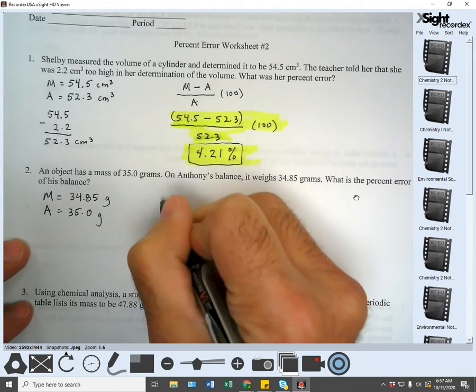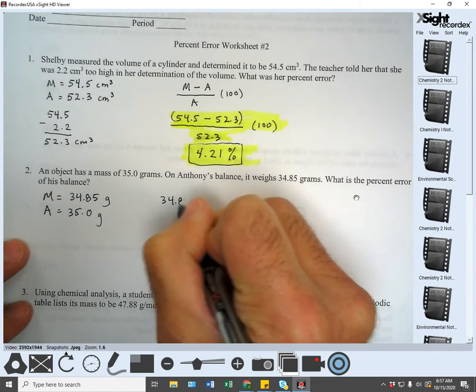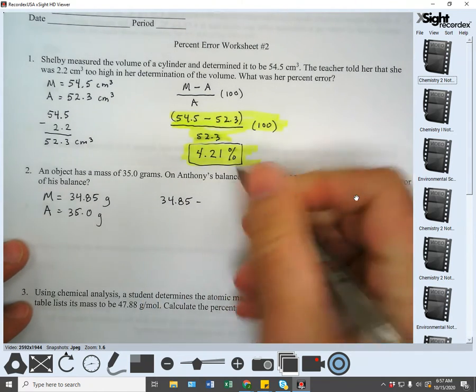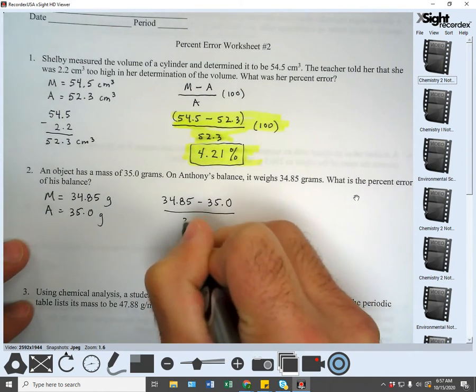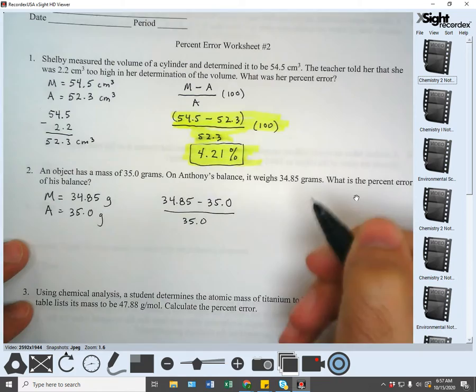So it's going to be 34.85 minus 35.0, times 100.